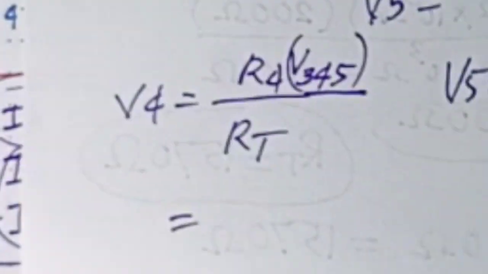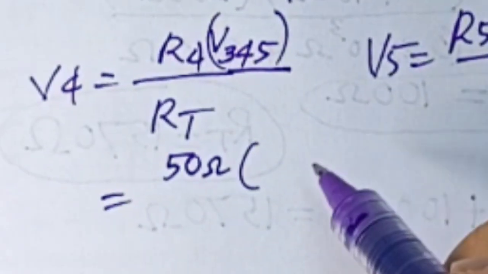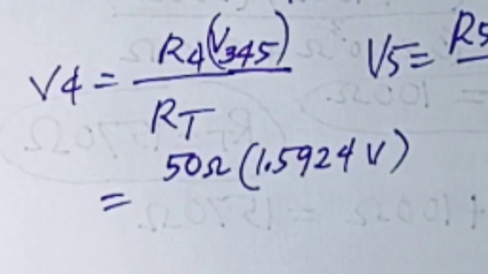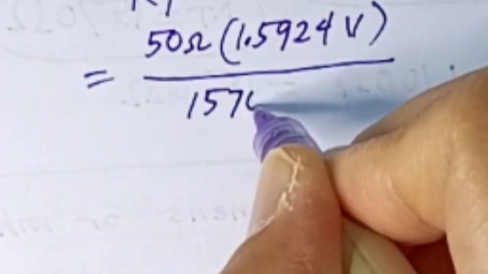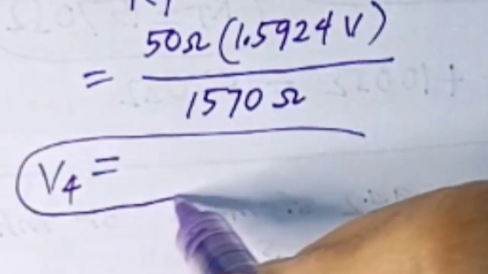And we will get here R4. What is our R4? R4 is 50 ohms, multiplied with 1.5924 over the R total of 1570. And we will get our V4 here.